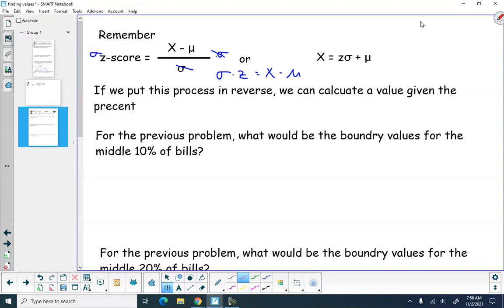If we add the mean to both sides, what we're left with is this value is equal to the Z-score times the standard deviation plus the mean.